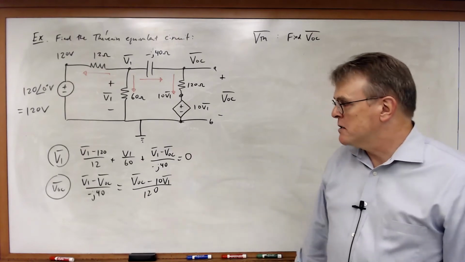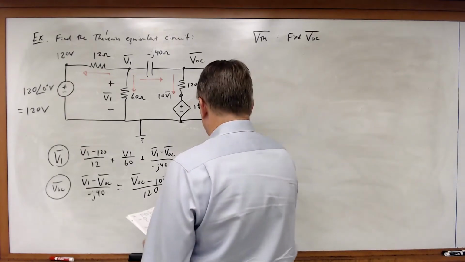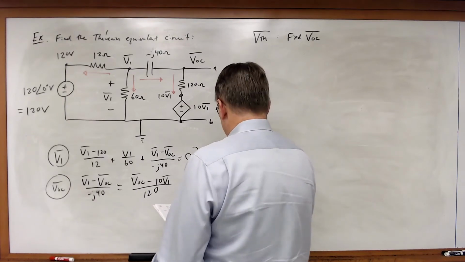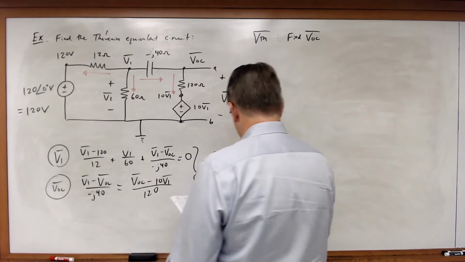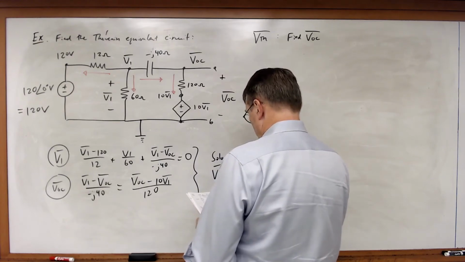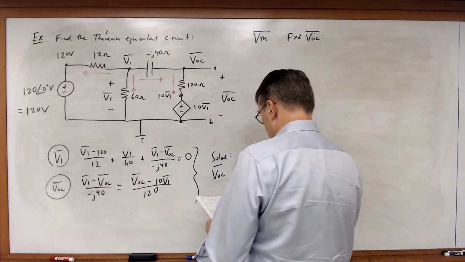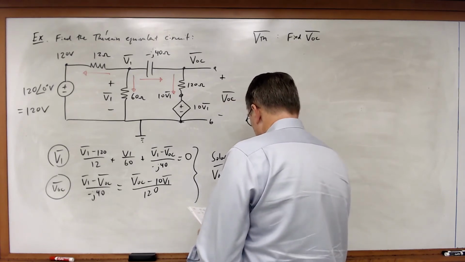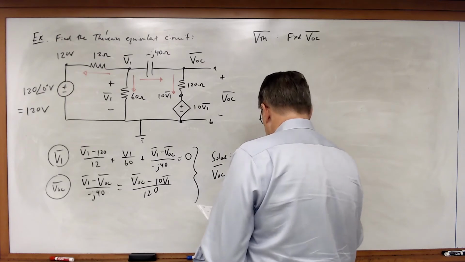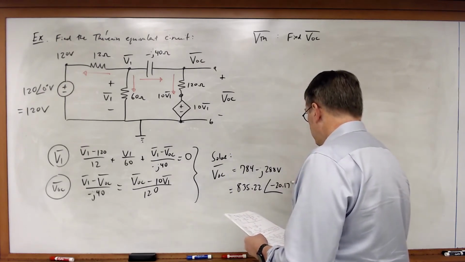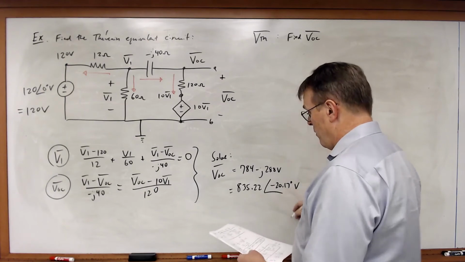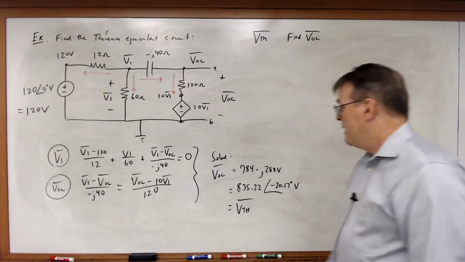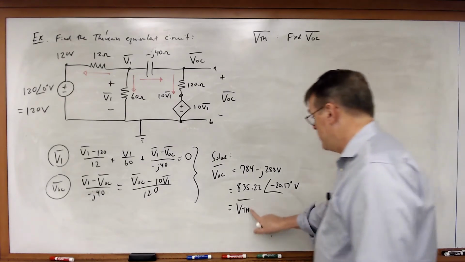I've got two equations and two unknowns, and if I solve, what I will get is that VOC is equal to 784 minus J288 volts, which will be equal to 835.22 at a phase angle of minus 20.17 degrees volts if I want it in polar form. And of course, that is my Thevenin equivalent voltage, VTH.